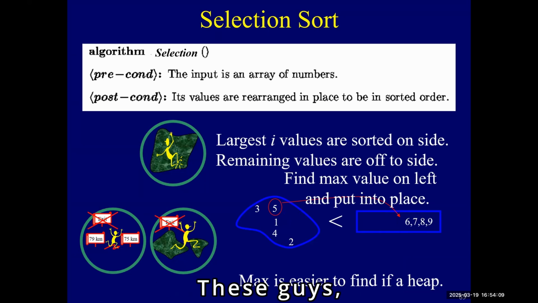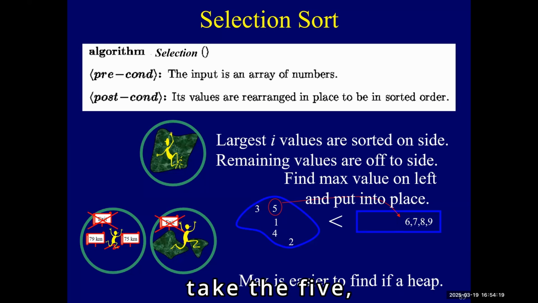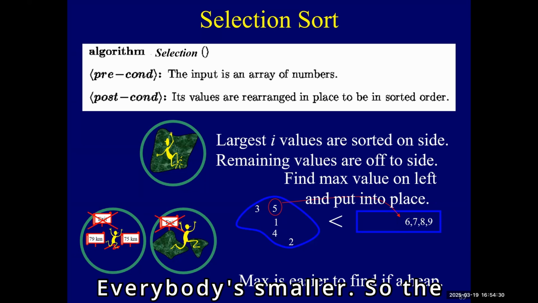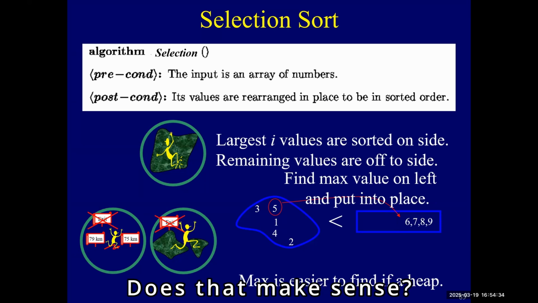These guys, they're not completely unsorted. They're a heap. And everybody here is less than or equal to everybody here. So when we take the 5, where does he go? He goes right there next to the 6. Everybody's smaller. So the maximum is going to go right where it is. Does that make sense?